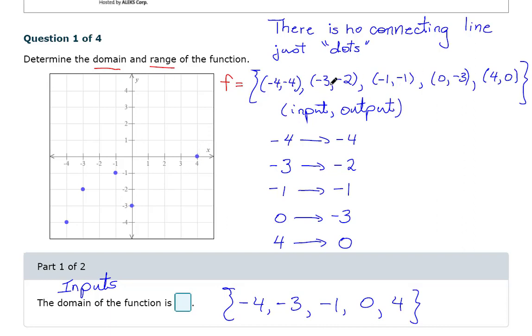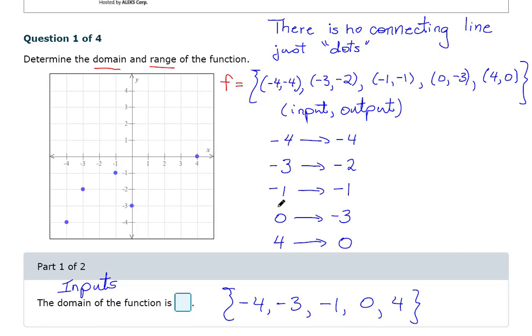Remember, what that means is the first number is the input, the second number is the output. So that says -4 produces -4, -3 produces -2, and so on for all of the numbers.